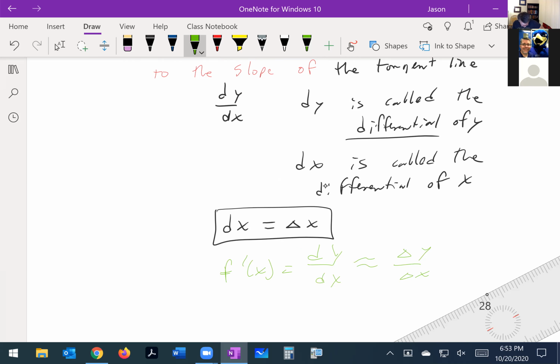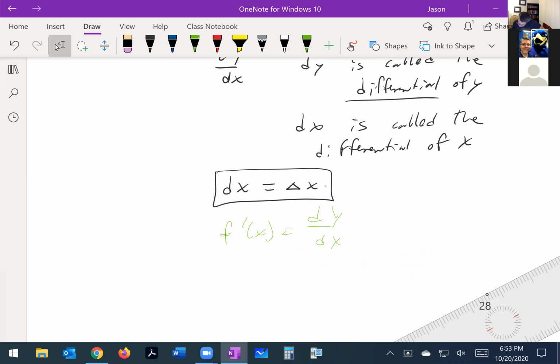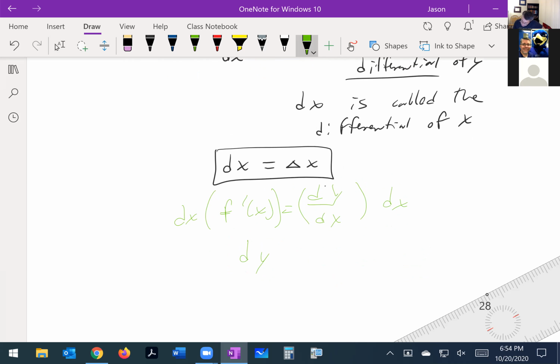Actually, I'm not even going to say that. I'm just going to solve for dy in this case. I'm going to multiply both sides by dx. Let me make that a little bolder. dy is equal to f prime of x dx.